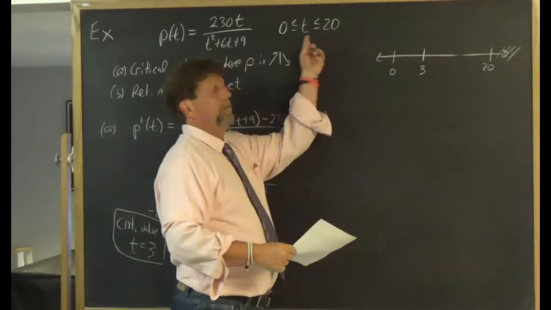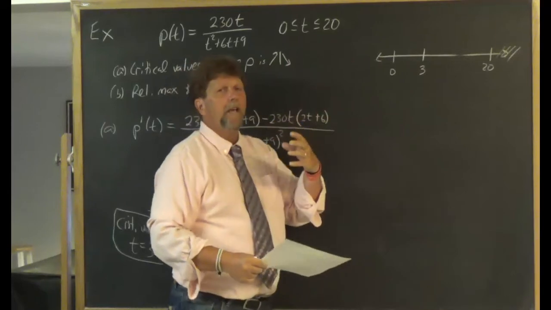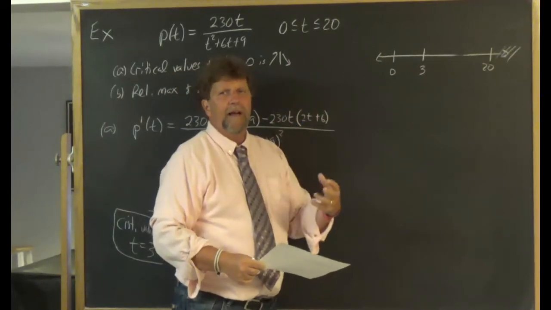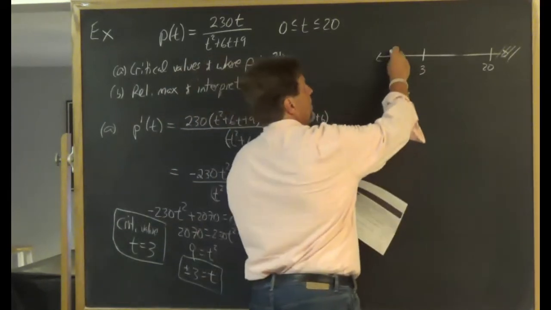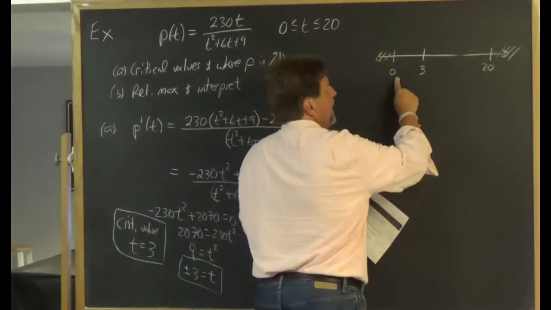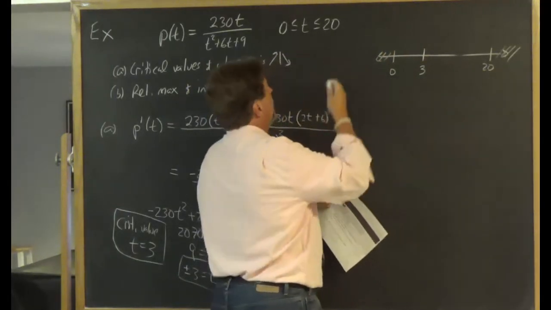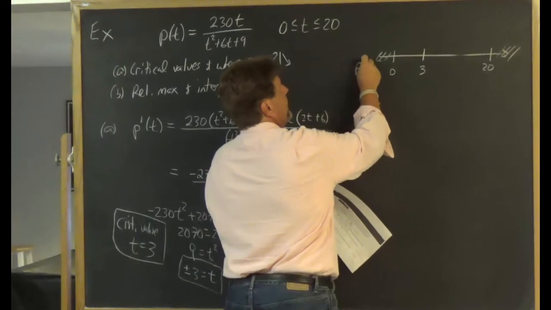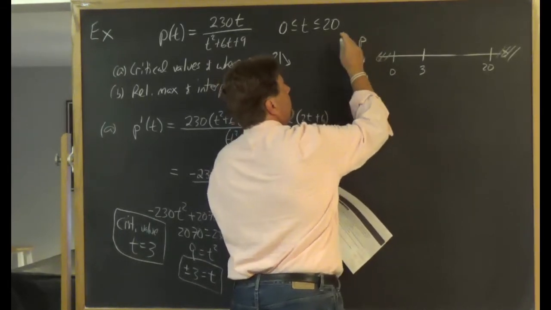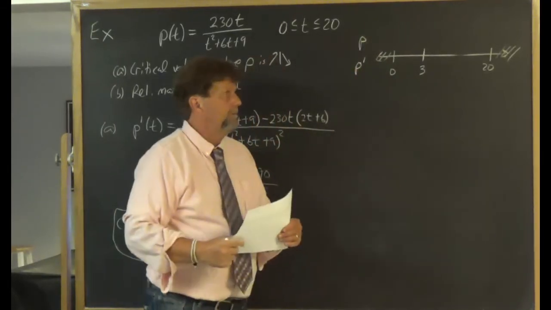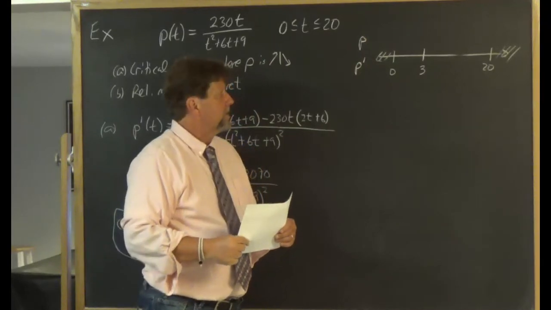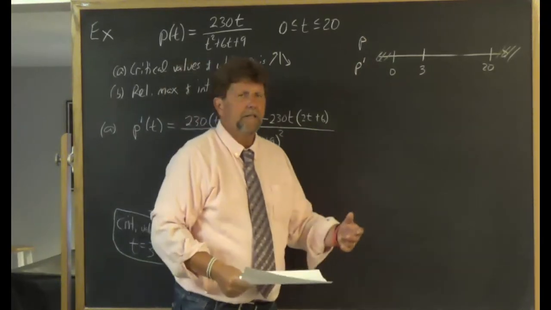I mean, look at this. We don't care what's happening for values of t that are less than 0. We only care on the interval 0 to 20. And let me finish off my notation. P prime and P.